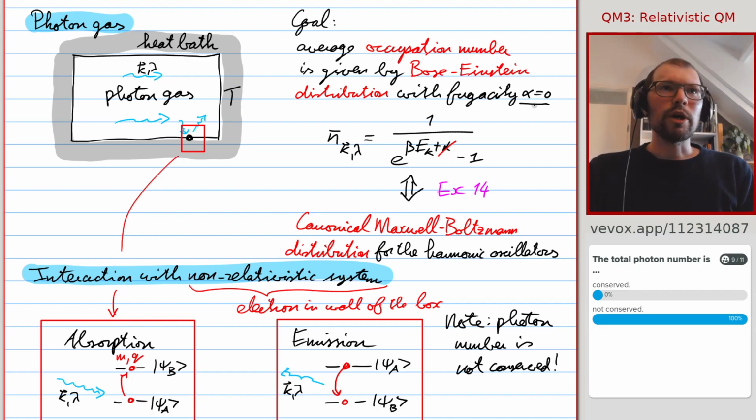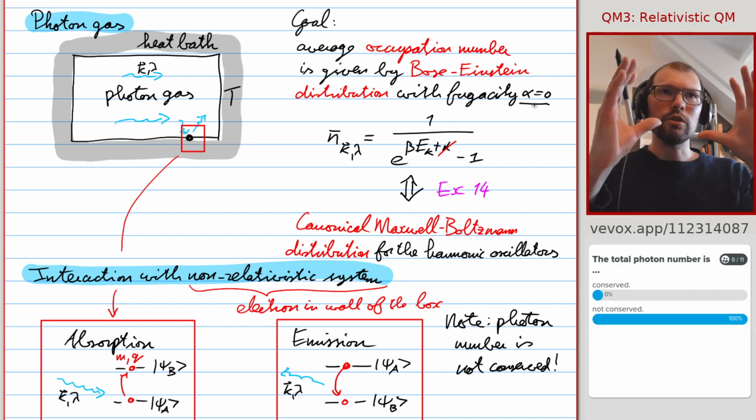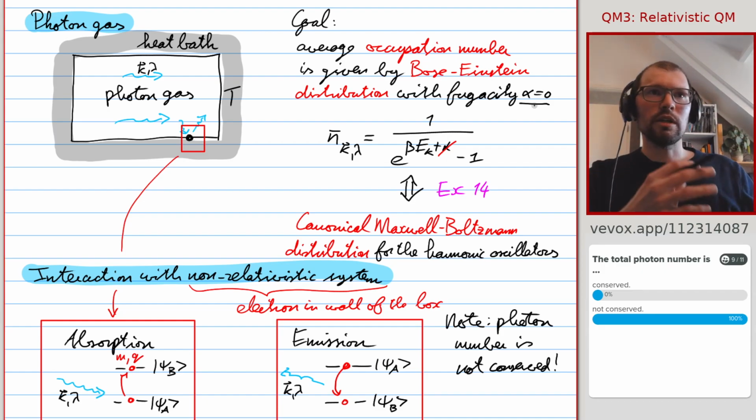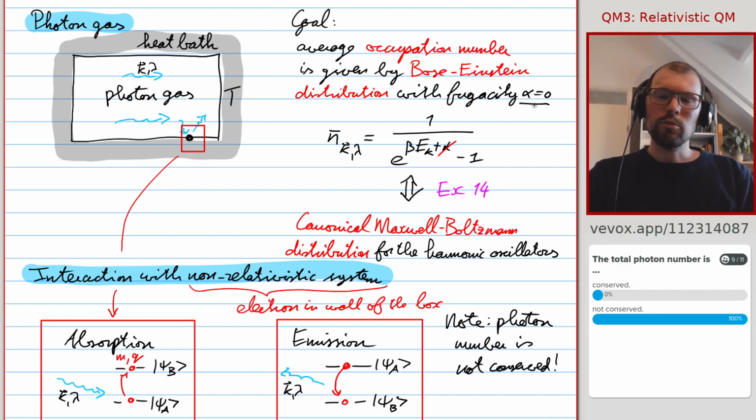Well, we did this by, or Johann did this by assuming that there is a fixed total number of particles that can migrate from your local system to the reservoir and back. And you minimize the entropy over the different ways that you can distribute these particles in your system and the reservoir. But if the total number of particles is not conserved, then you cannot even do this variational principle.